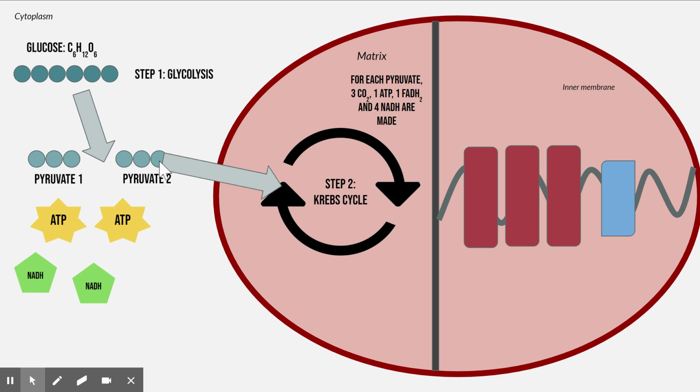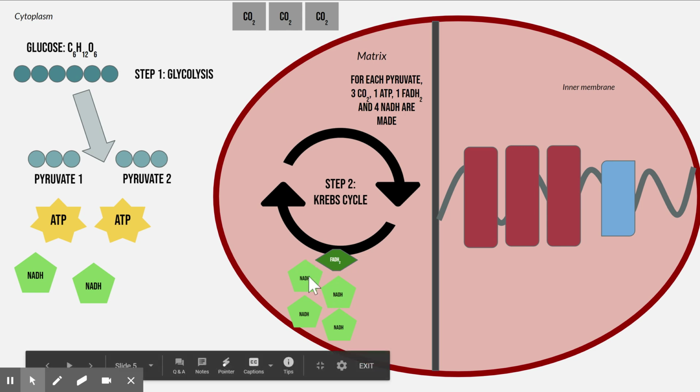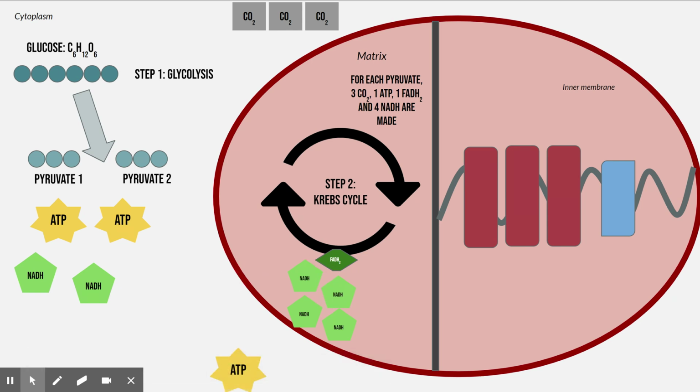So this pyruvate comes in, it completes the Krebs cycle. We now have 3 carbon dioxide molecules that are released to the outside, 4 NADHs, and 1 FADH2. These stay within the matrix. And finally, 1 ATP that could leave the mitochondria to be used as energy.